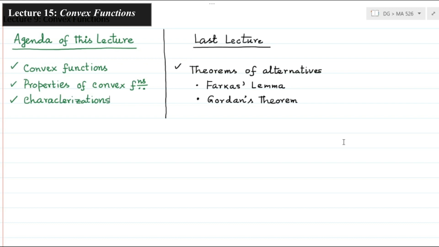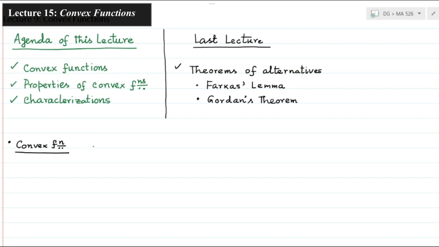So let's start our class with the definition of a convex function. What do we mean by a convex function? A convex function is always defined over a convex set.